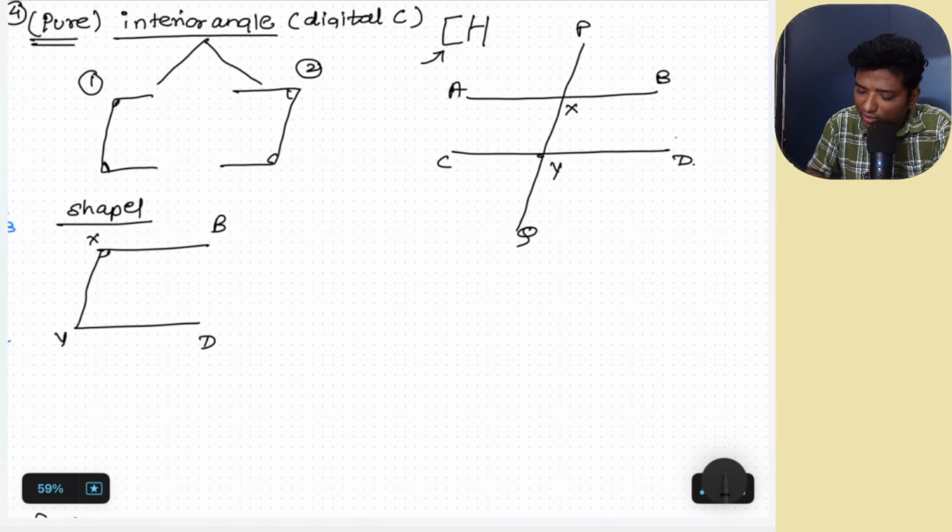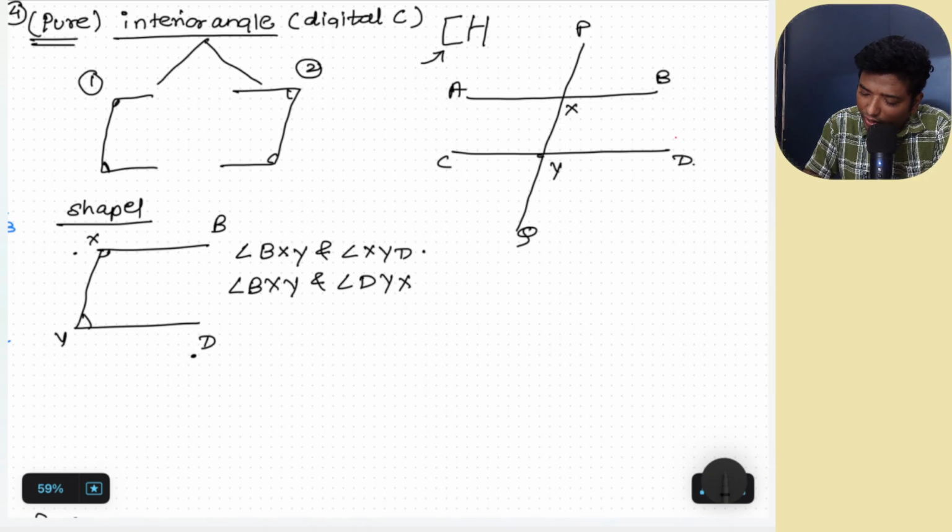This is one angle, and this is another angle. Again, the way I told you in the alternate angles, you can write x xy. The second angle you can write as xyd. You can start from here also, or from here also. Another way, an angle py. You can write any one. Both are the same, only the way of writing is different, okay?